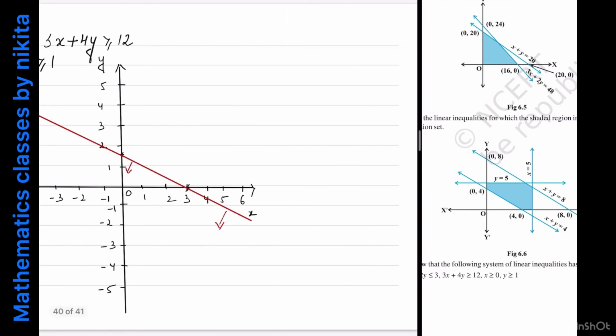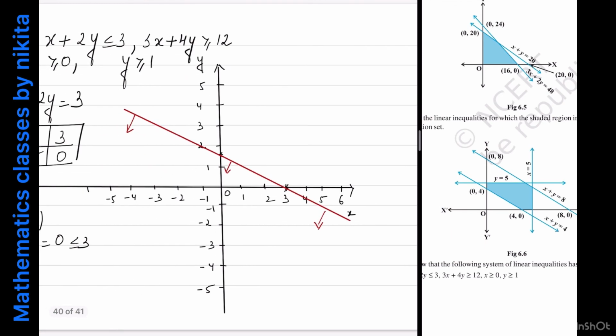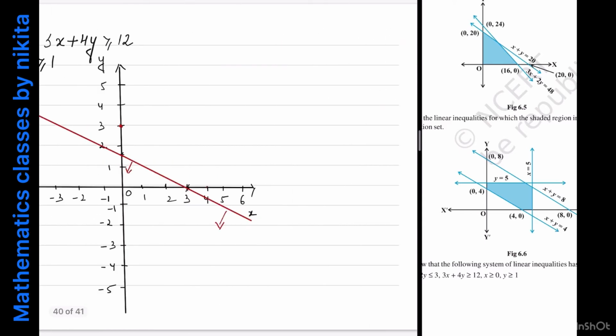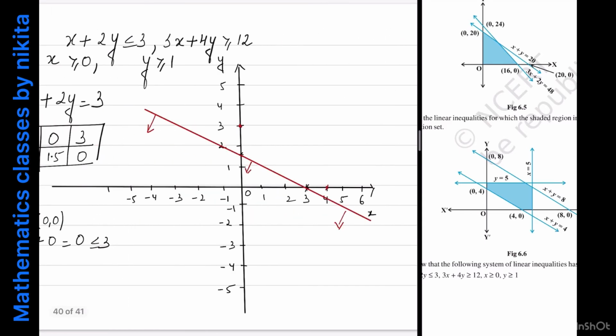So 0, 3 and 4, 0. So 4, 0 is here. So let's join the lines. Okay.